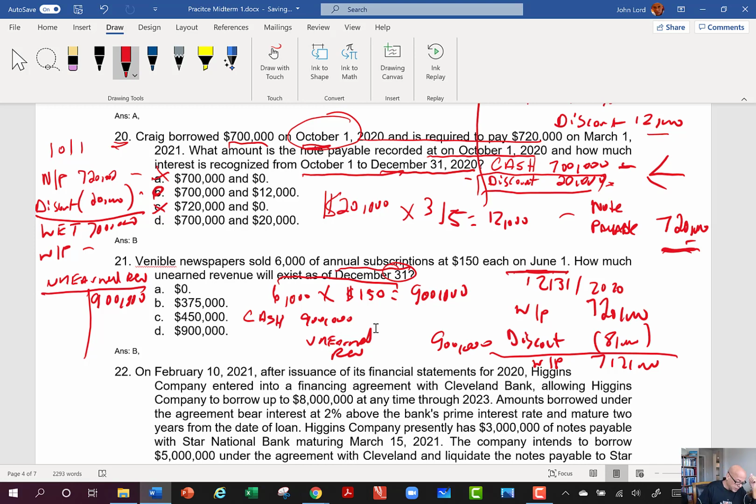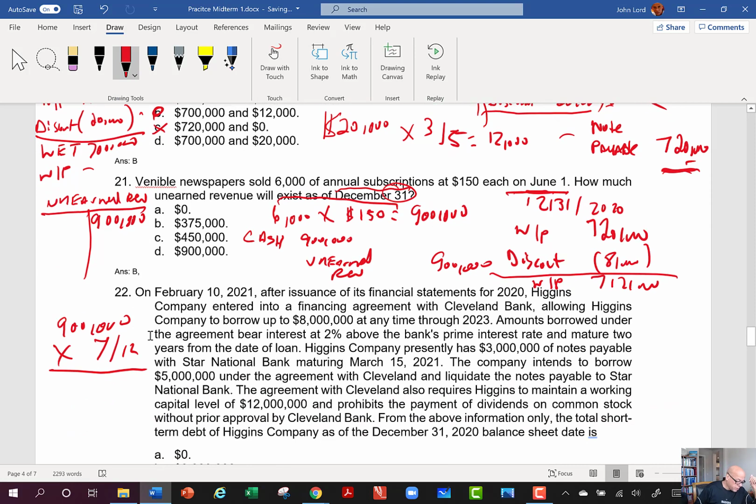They've used 7 months of that. So I take that 900,000 times 7/12, which gives me 525,000 that has been used at this point in time.